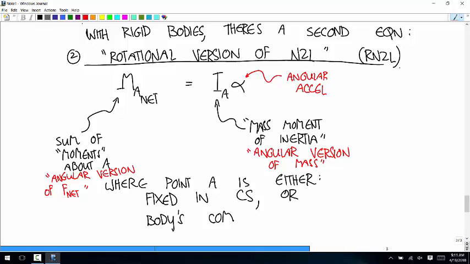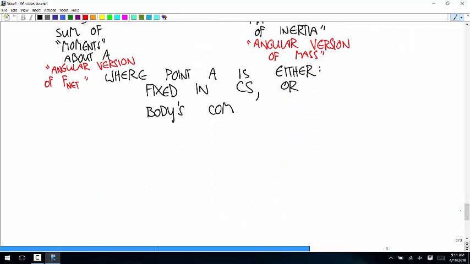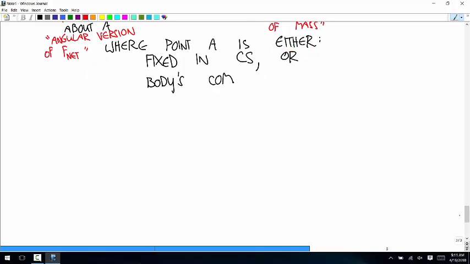Okay, so I'm going to write out a table here. This is just going to compare all the analogous things between translational motion and angular motion. So translational, angular, or rotational.